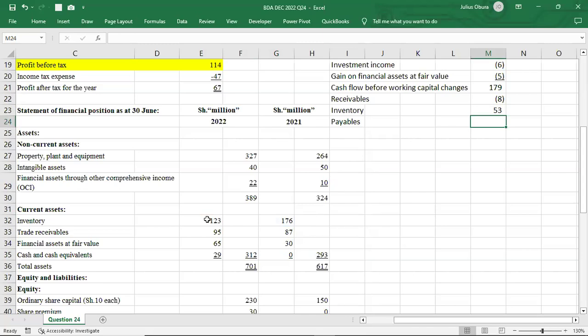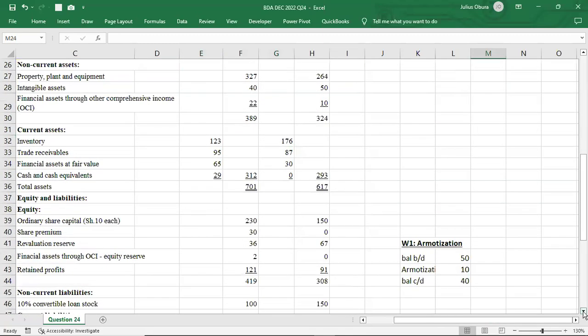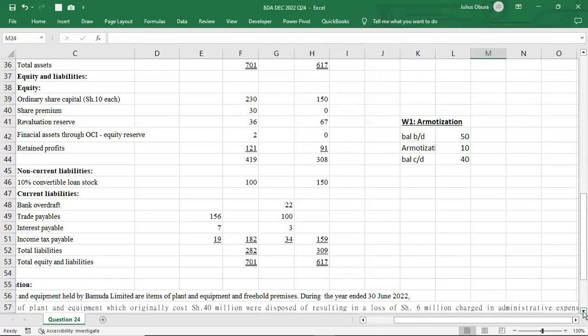Then we go to payables. Payables should be from the liability side. From our payables, we have 100 to 156, which is an increment.